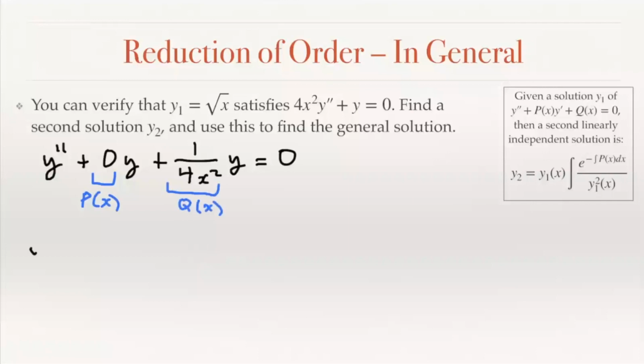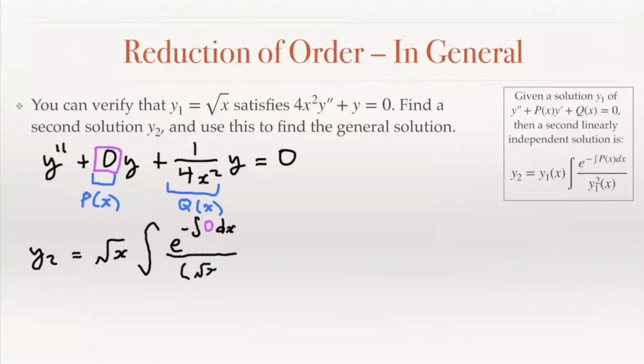Now our other solution, y2, that is the square root of x times the integral of e to the negative integral of 0 dx all over y1 squared, that's the square root of x squared dx.